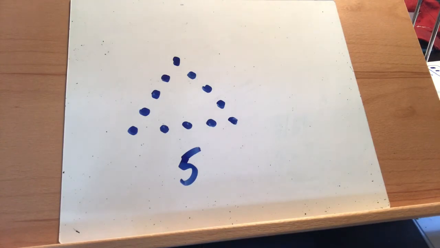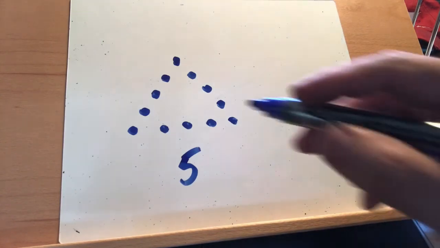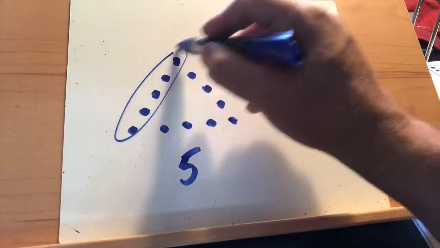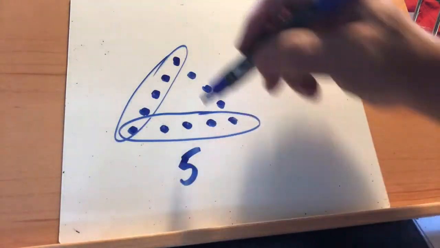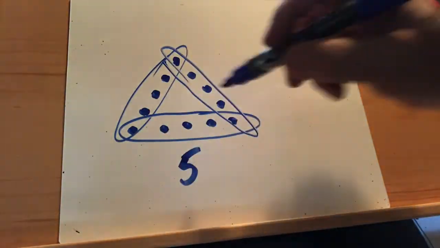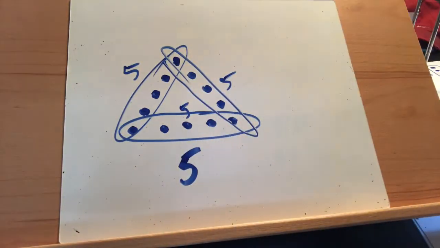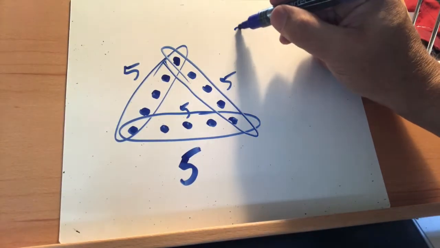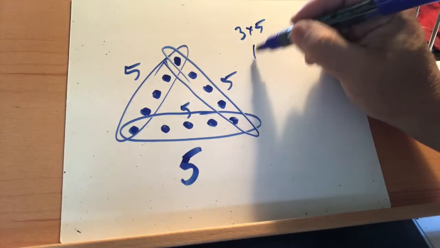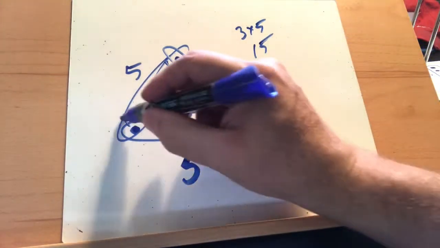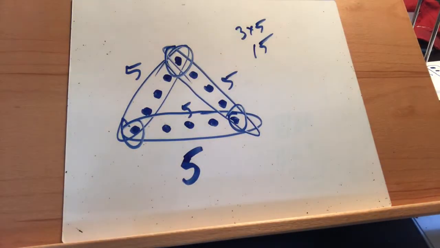How many dots? Well, it was 5 dots, 5 dots, and 5 dots, right? Well, that would be 15. Except we counted all 3 of those twice.